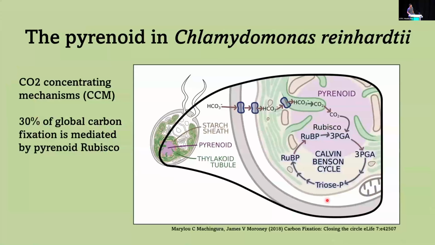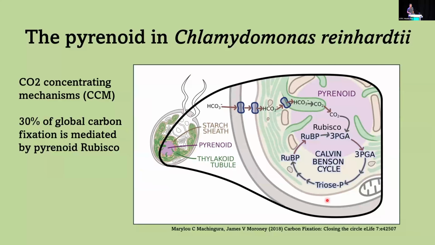And in order to have rubisco mainly doing the carboxylation reaction rather than the oxygenation reaction, different organisms developed what are called CCMs, or CO2 concentrating mechanisms, where the CO2 is pumped into an organelle, and the surrounding of rubisco is enriched with CO2. Such an organelle occurs in Chlamydomonas.